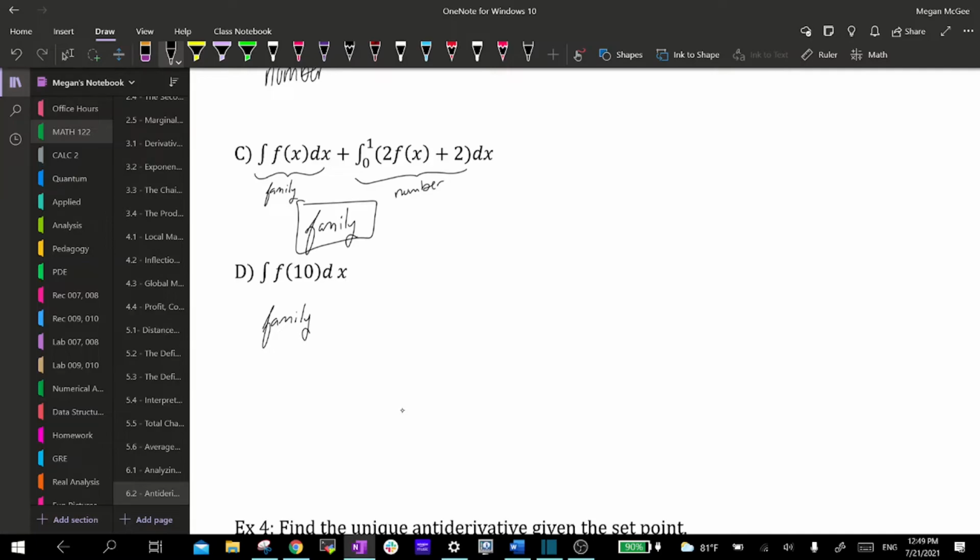Now we're going to make a note that given additional information, we are able to find unique antiderivatives.